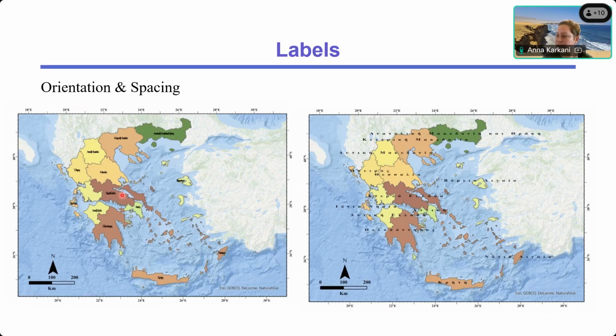In the case of the left map, the letters are very close together, so it's almost impossible to read what each of them says. So these are two extremes, of course. It's just to give you an idea of bad orientation and spacing in the labels. But we need to keep that in mind. We usually experiment a little bit with that and try to figure out the best solution based on what we want to show with our labels.